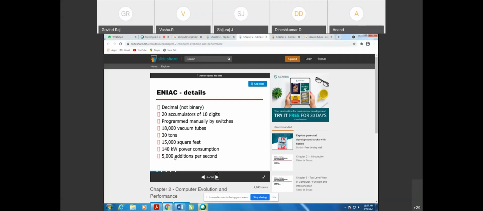But ENIAC started with addition alone. It does not do subtraction, only addition. It can execute 5,000 additions per second. That is the major detail of the ENIAC.